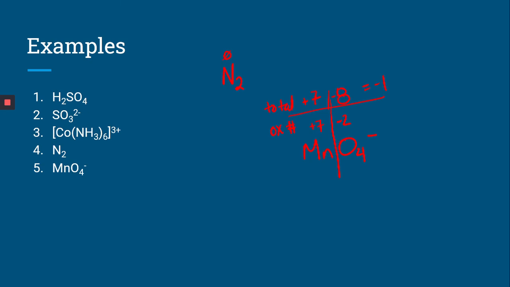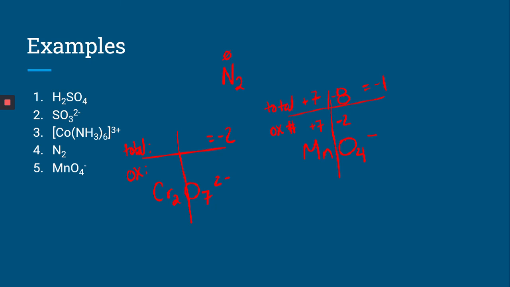All right, we're going to do one more. Dichromate. Make your chart. Top is the total. Bottom is the oxidation state. It has a charge, so this is going to have to add up to be -2.